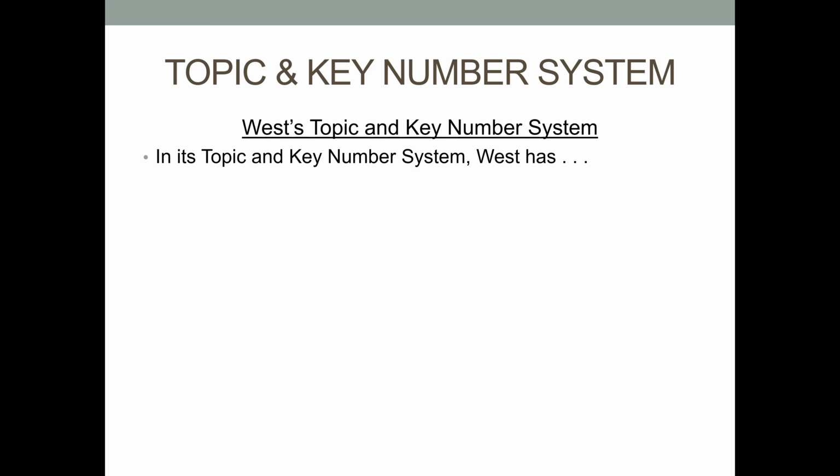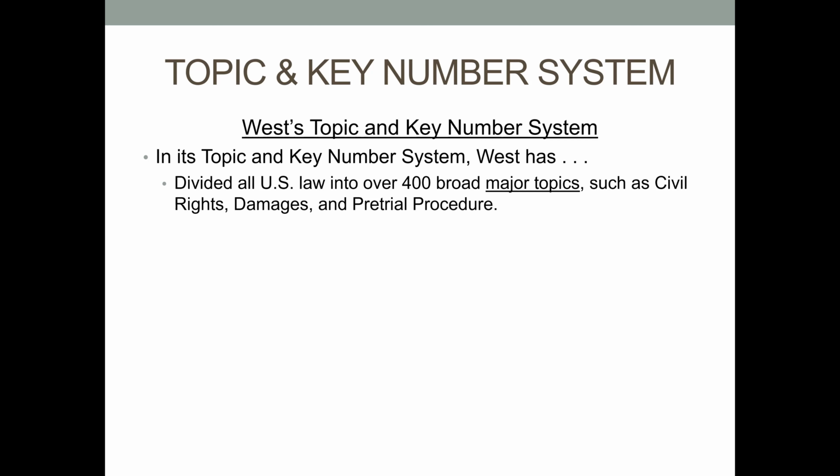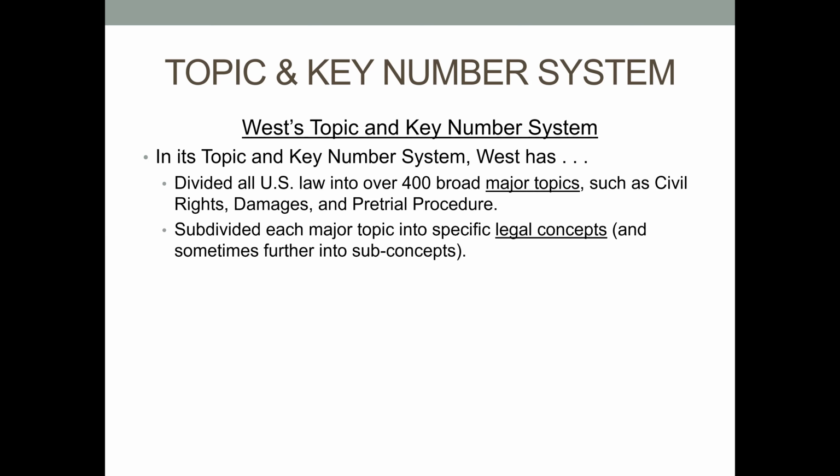Now, to give you a little bit more detail about the system, West has divided all U.S. law into over 400 broad major topics, such as civil rights, damages, pretrial procedure, negligence. Very, very broad topics, over 400 of them.